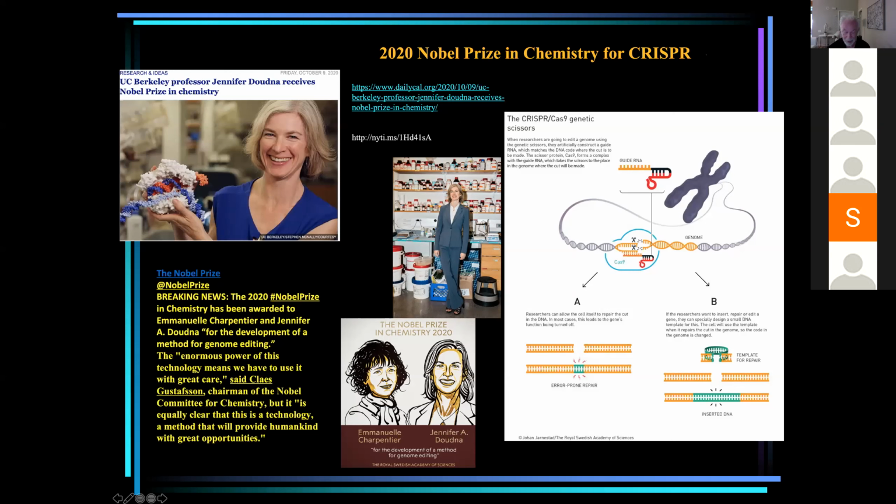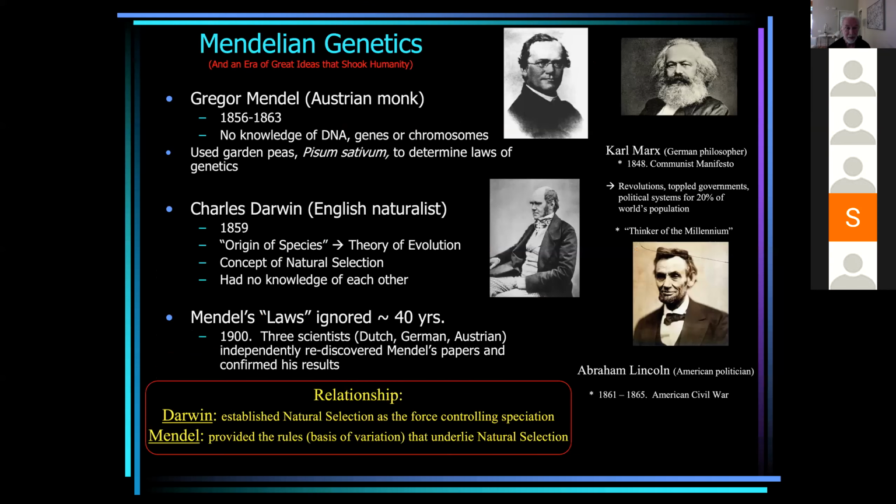going on to the topic of the day, which is Mendelian genetics. I want to put this in a historical context. So in the mid-1800s, there were some great ideas that are still affecting us today. So I put on the right-hand side here, Karl Marx was a great thinker of that time.